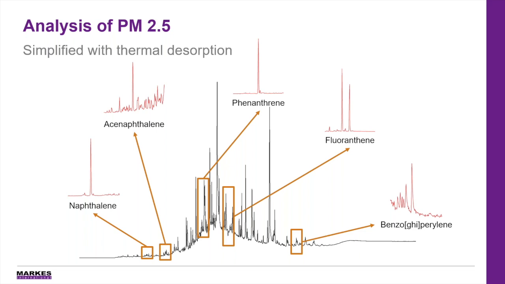Now, this is a massively simplified sample prep process, saving labs time through less manual handling, as well as increasing confidence in results. And as I've said several times, it saves money because it's a solventless technique. There is more and more focus globally on green solutions, and getting rid of solvent is one of the ways to achieve that.